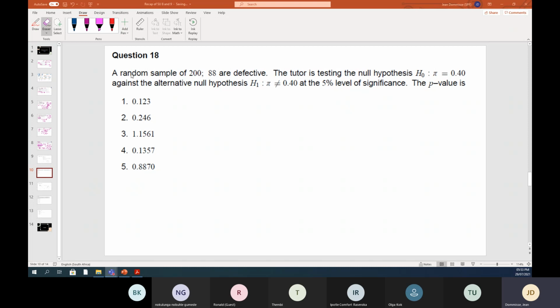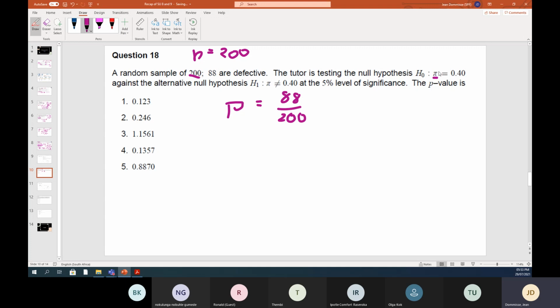Okay, the next one, a random sample of 200. Okay, so n is 200. 88 are defective. So again, 88 will be your p, so that's 88 divided by 200. Let's just look at what else they give us.